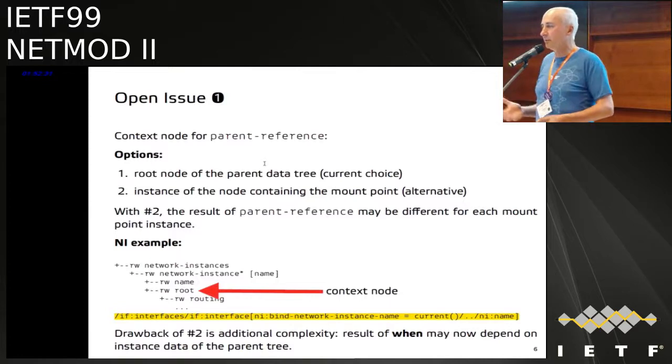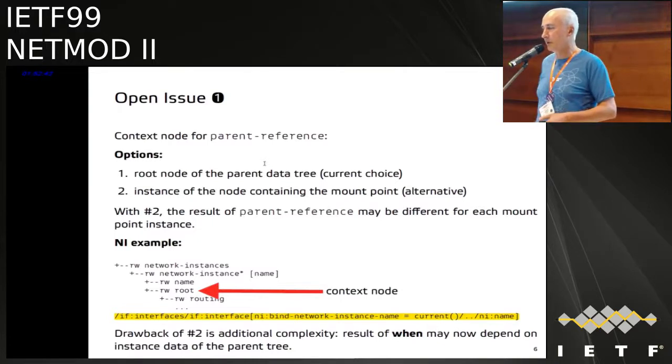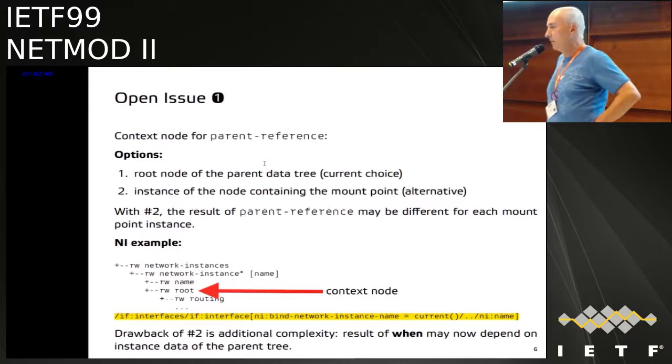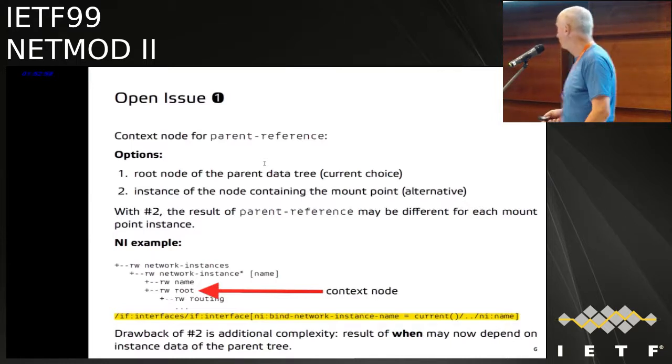And in our case, in the current situation, we get the same results of this parent reference evaluation for all network instances. Whereas if we have this root as the context node, we can really have different results, right? So I think it needs some more discussion, maybe in the mailing list, and some feedback from people writing data models.